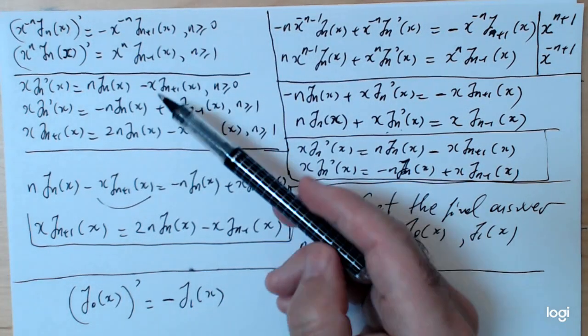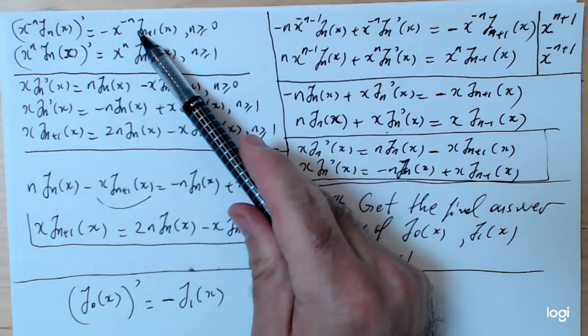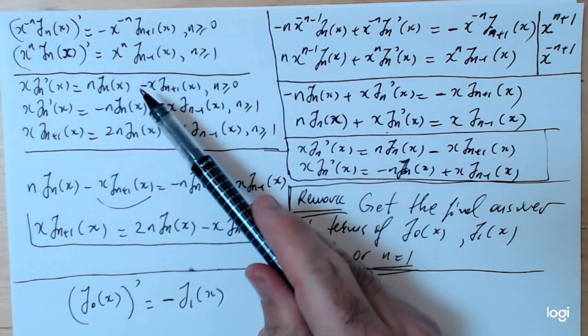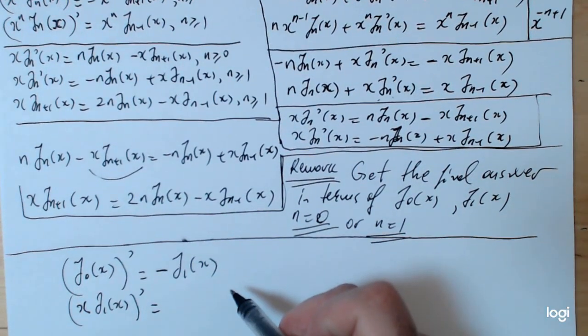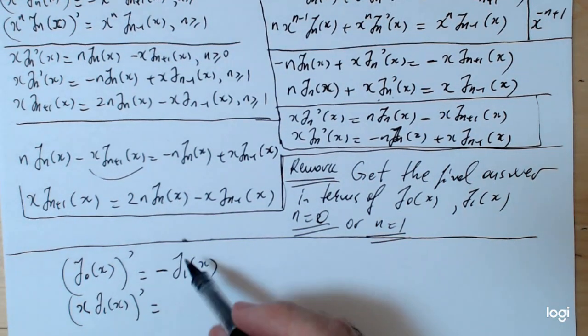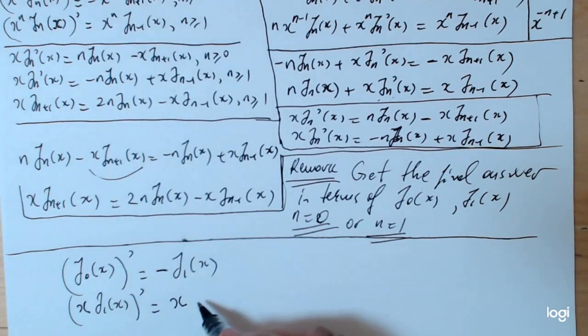All right, so that's simply replacing n equals 0. If I replace n with 1 in the second formula, that will give you x times J1 of x prime, so the derivative of the product, equals x to the first, which is just x J naught of x.